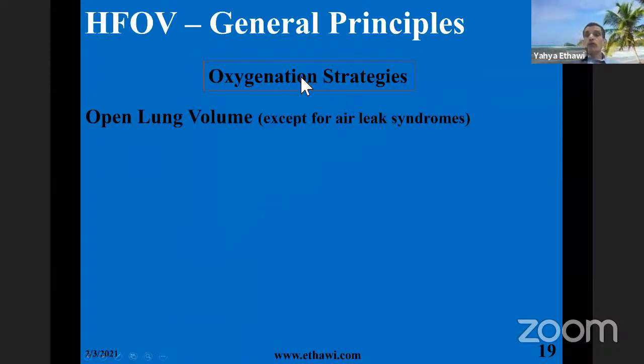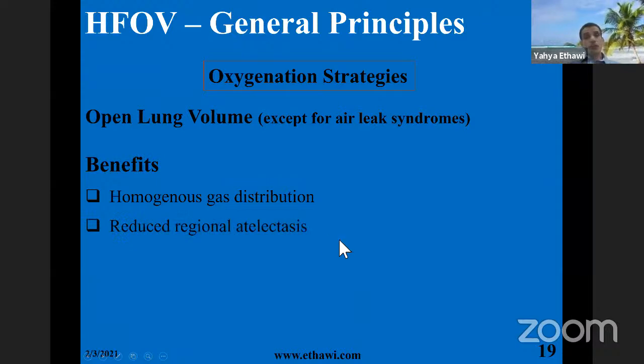So how do we do oxygenation? We try to open the lung volume as much as we can, unless we have air leak. So what is the benefit? We provide homogeneous gas distribution. We avoid the hyper and hypoinflation. We reduce regional atelectasis because we don't go below the PEEP.